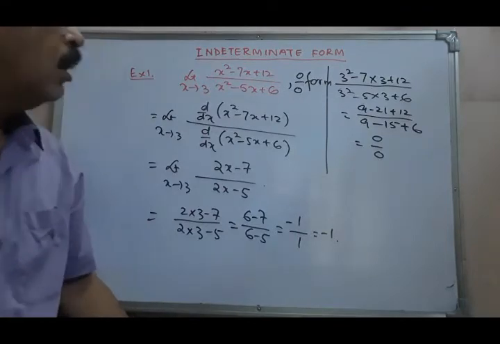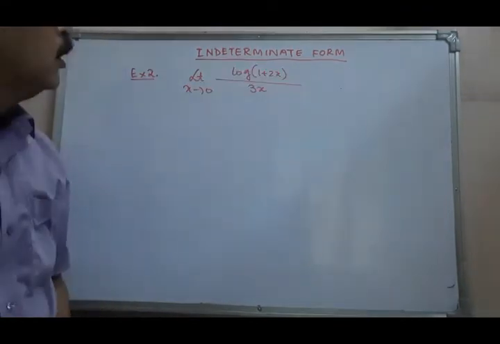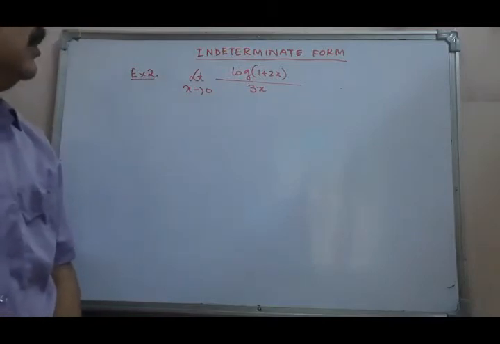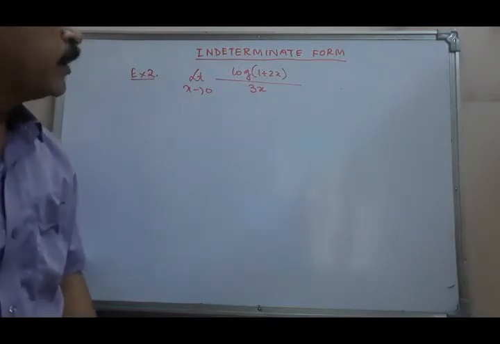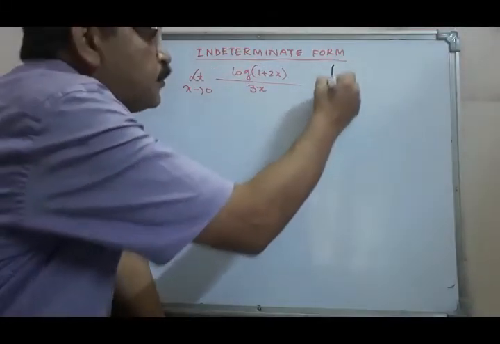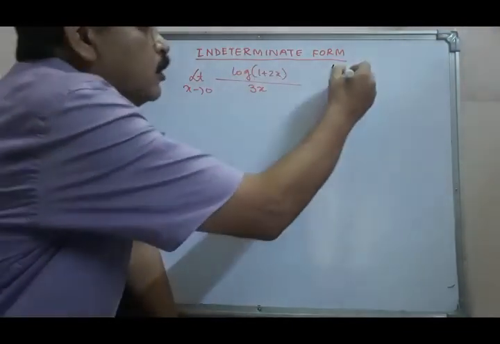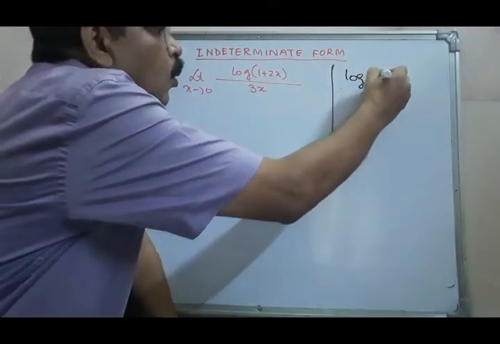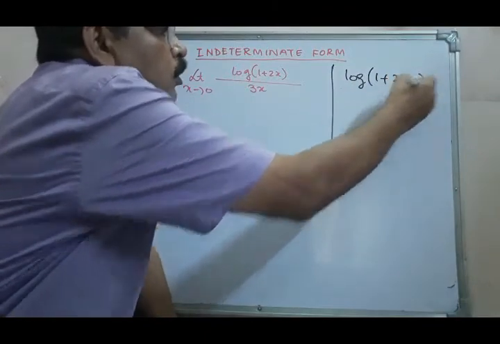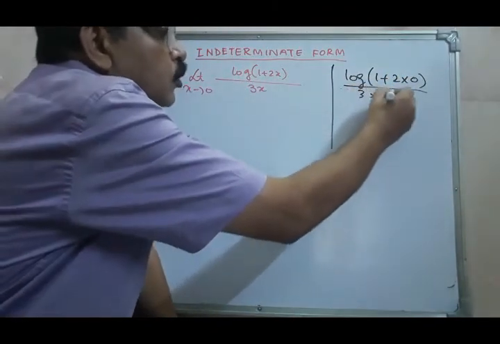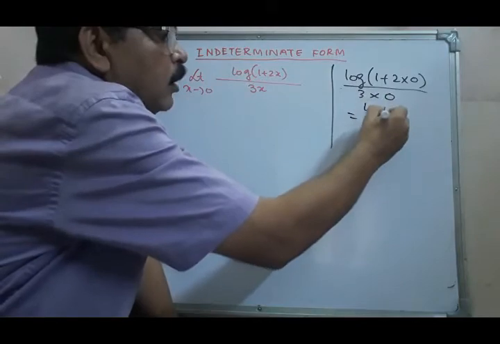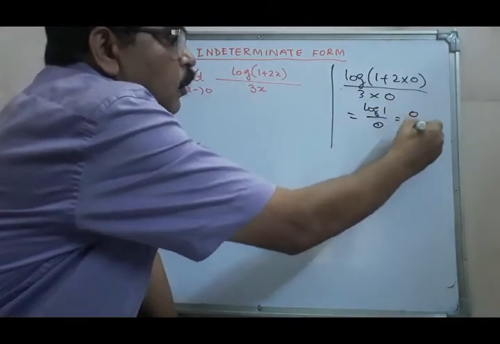We are going for another example. In this example, the limit as x tends to 0 of log(1 plus 2x) by 3x. Let me substitute the value of x directly. In the numerator we get log(1 plus 2 into 0) divided by 3 into 0. So log 1 by 0, that is 0 by 0 form.